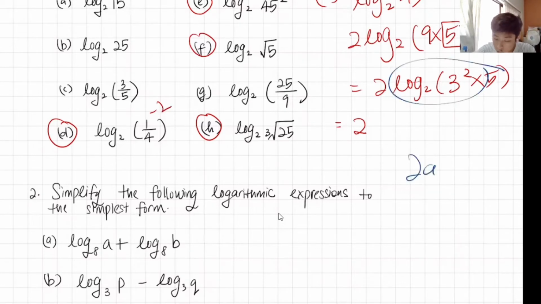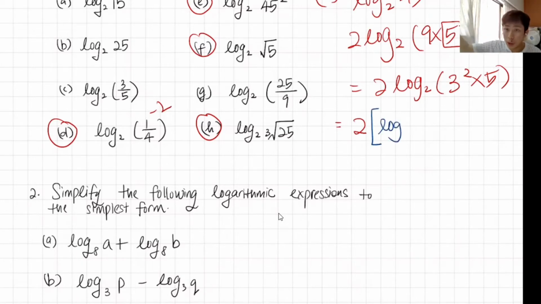So what you do is you break it up. But when you break it up, don't forget to put a bracket. This bracket is very important. Write down in your notes. Don't forget this bracket. So you have 2 log 2 3 square plus log 2 5.